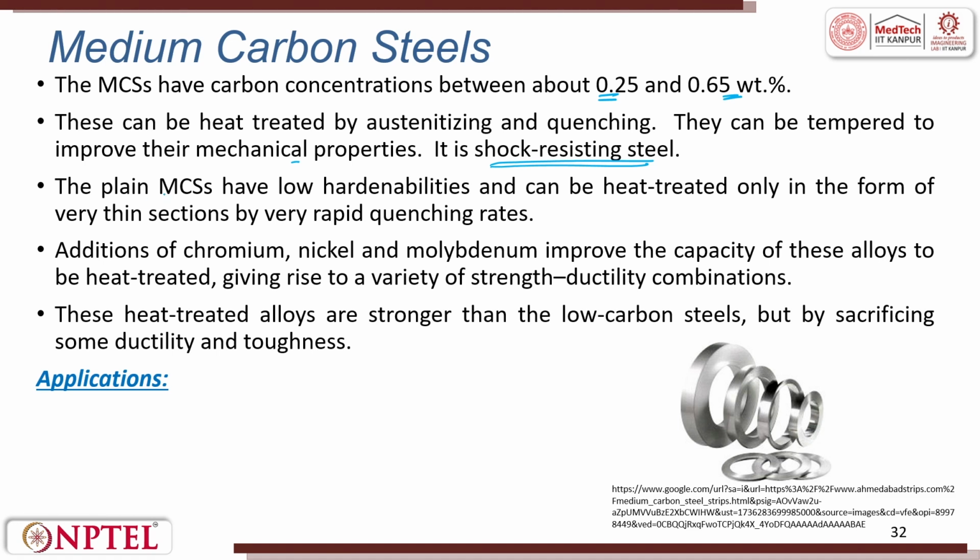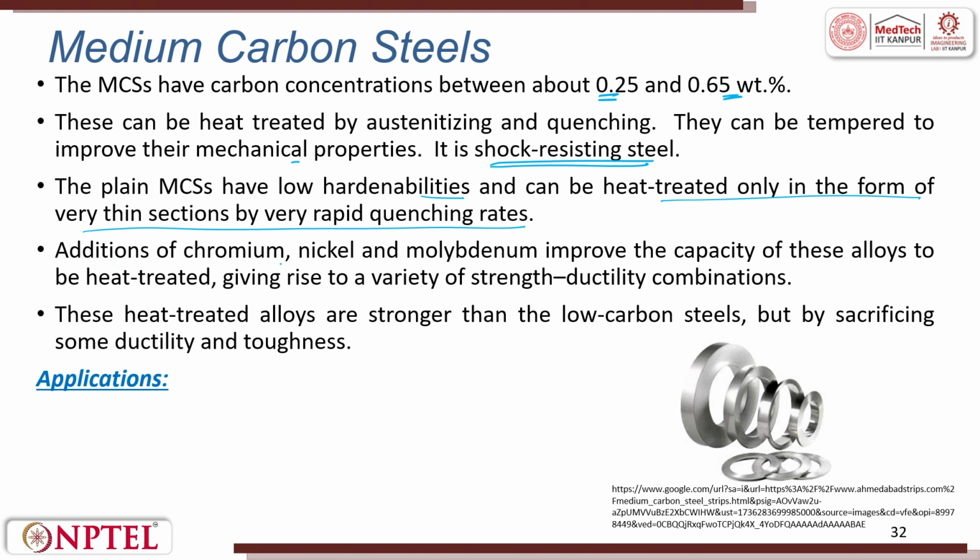The plain mild carbon steels have low hardenability and can be heat treated only in the form of very thin structures, but by a very rapid quenching rate. So, when we are trying to do a small amount of heat treatment with low temperatures and other things, then we always use a low carbon steel material.